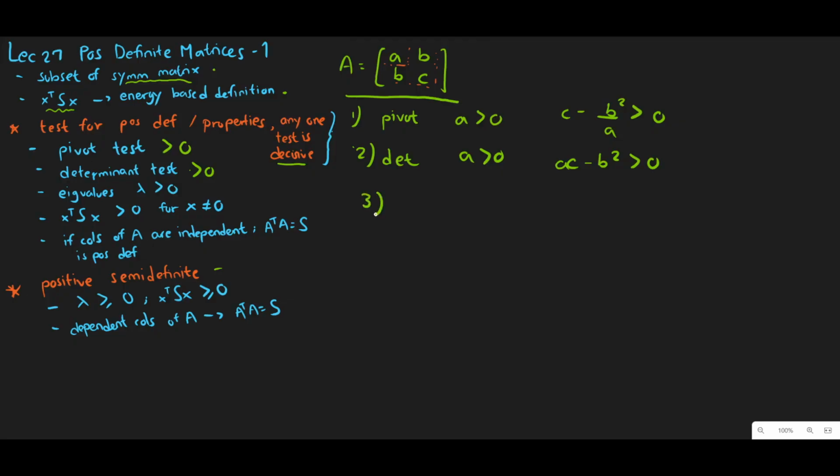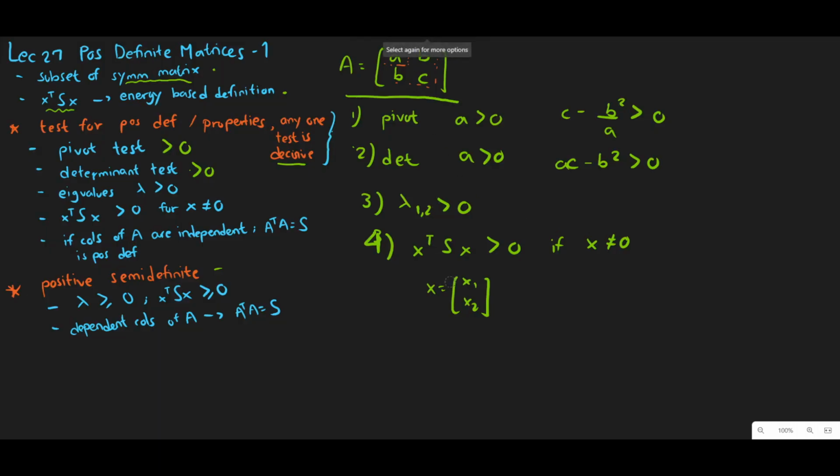And then the eigenvalue test. Well, you know how to compute eigenvalues. They also have to be positive, so both eigenvalue 1 and eigenvalue 2 have to be positive, right? And number 4 is where we use this energy-based definition. For any vector x, which in this case will have two components x1 and x2, x transpose A x has to be positive when x is not equal to 0.